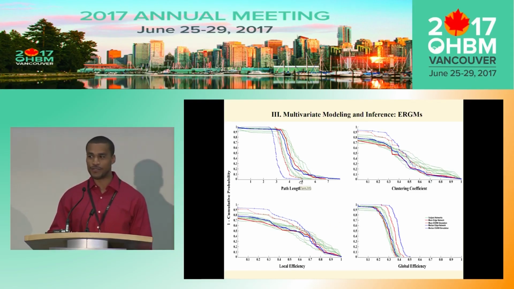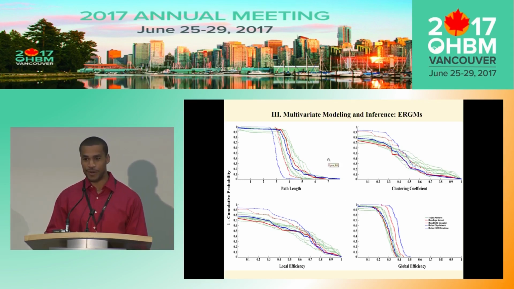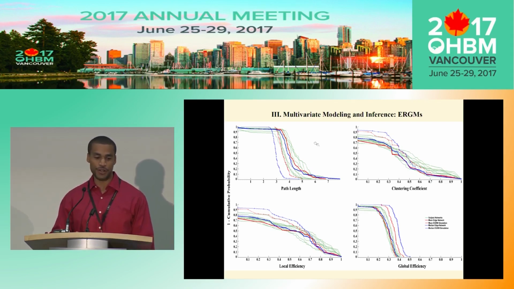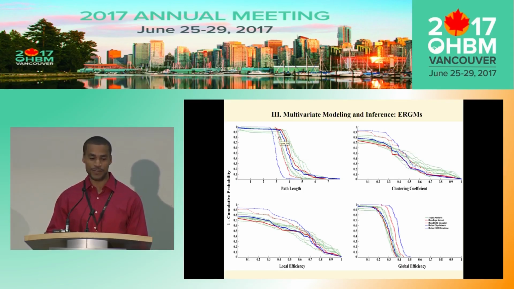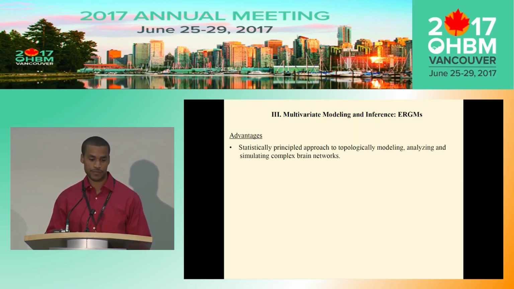And the group-based representative network that you get if you take the mean or median of the connection matrices is given by the blue and red lines with the circles. And we can see that it's fairly far off in some of these cases. But the representative networks that you get from the ERGM-based approach actually represent the distributions of these topological properties very well in the subjects that they're intending to represent.